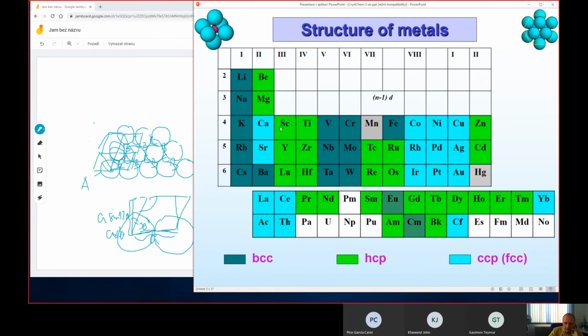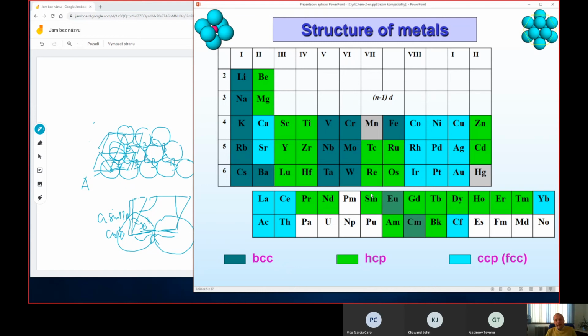And the structures of the individual metals in their ground state or standard state, which is room temperature and normal pressure, are shown here. And you see that the vast majority of metals adopt one of these crystal structure types.